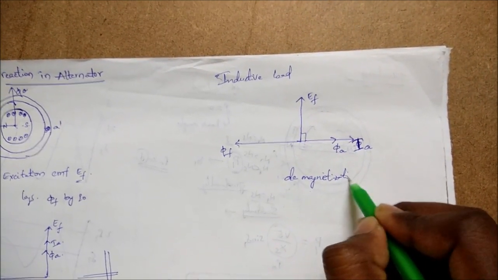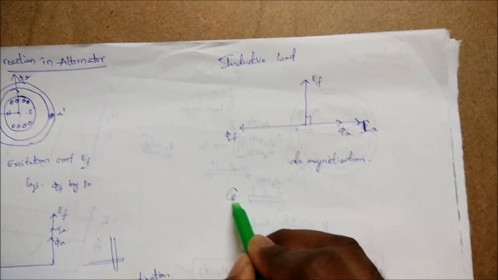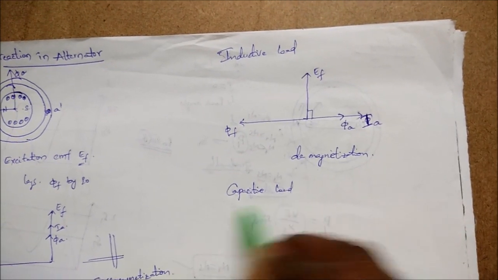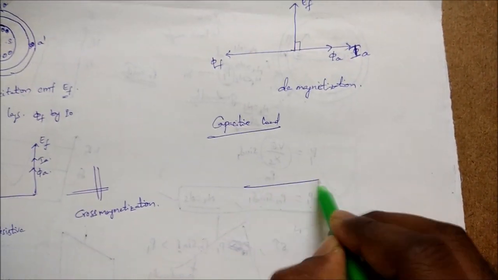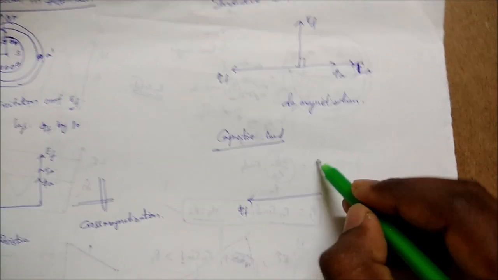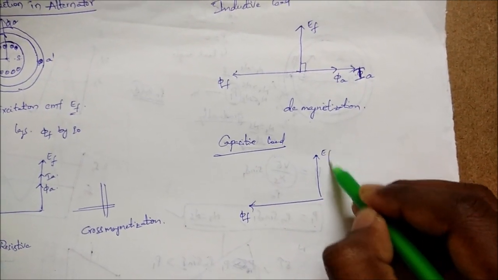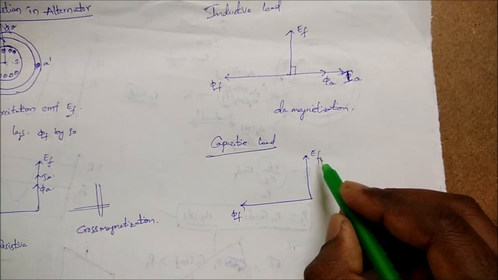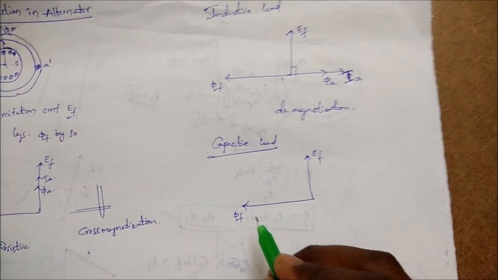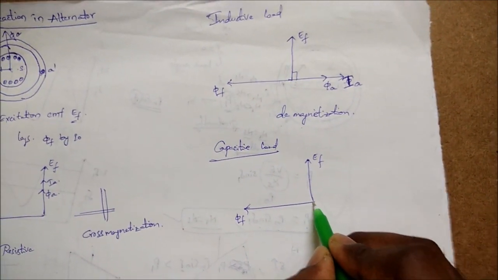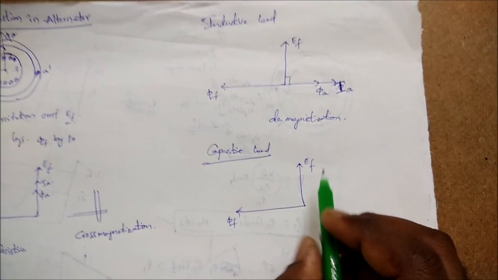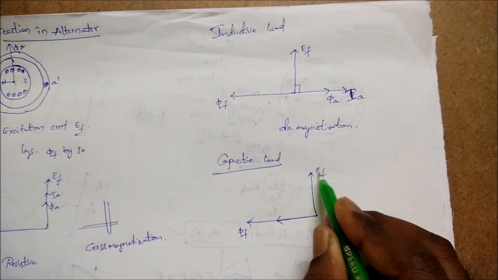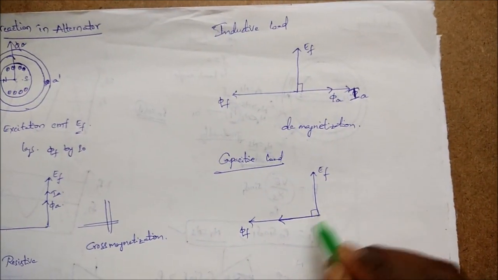Is it clear? So if you consider capacitive load, this will be phi F and this will be EF, the excitation voltage induced due to this flux in the armature conductors. Because of the pure capacitive load, the current flowing in the armature conductors will be leading the induced EMF by 90 degrees.